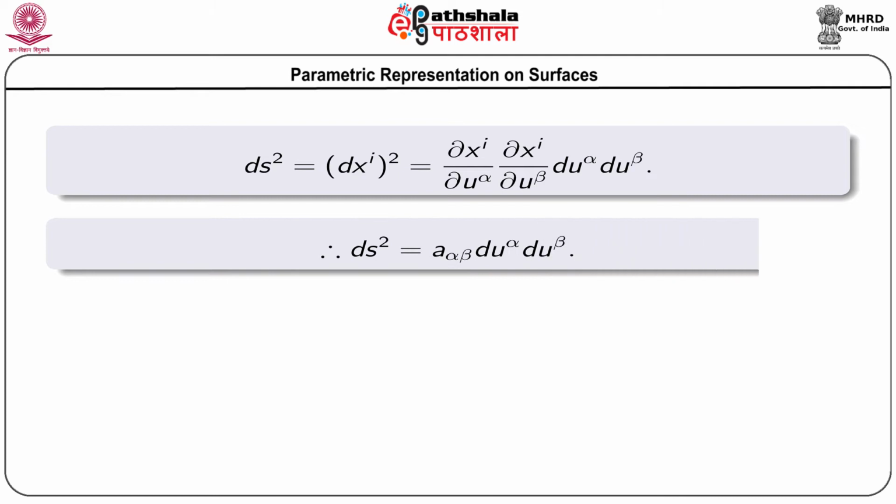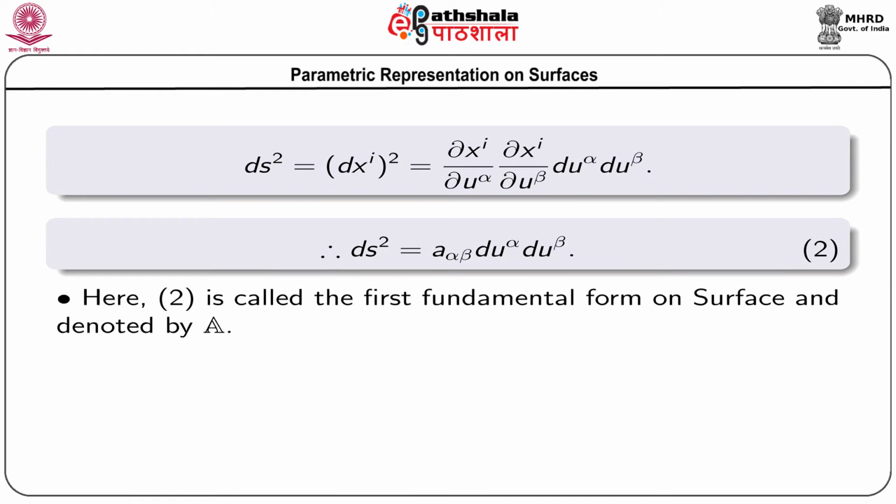Now, if we denote ∂x^i/∂u^α ∂x^i/∂u^β by a_αβ, then ds² can be represented by a_αβ du^α du^β.